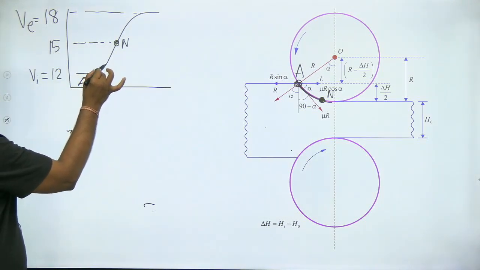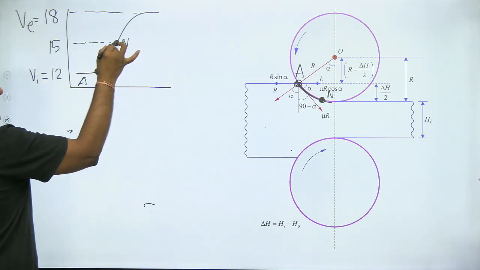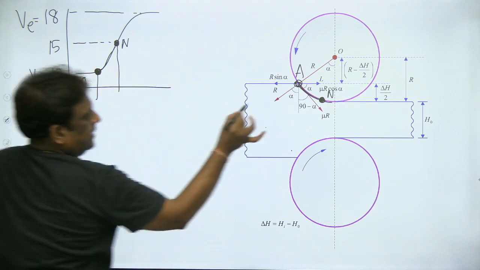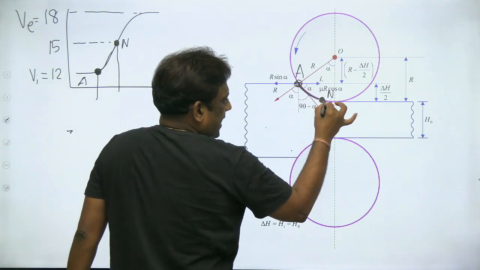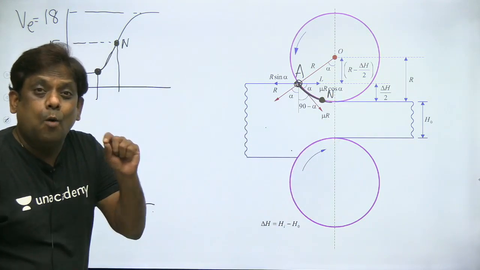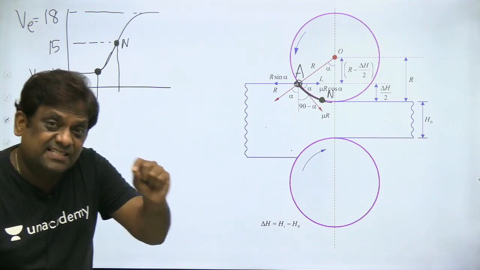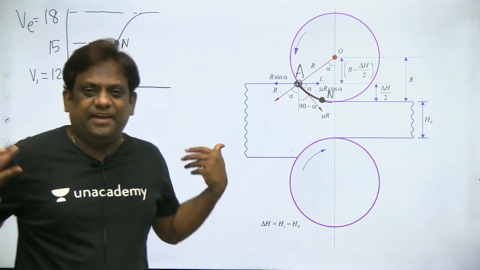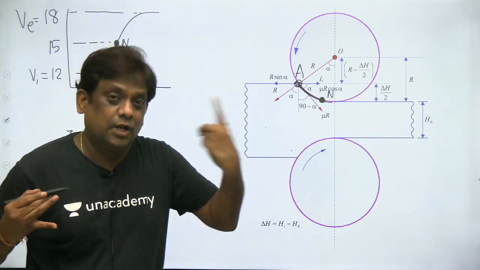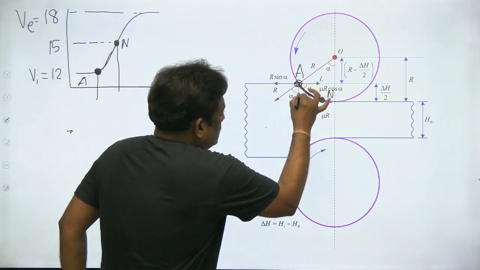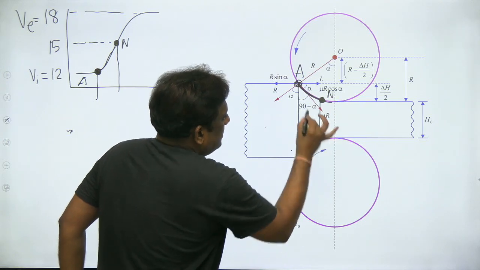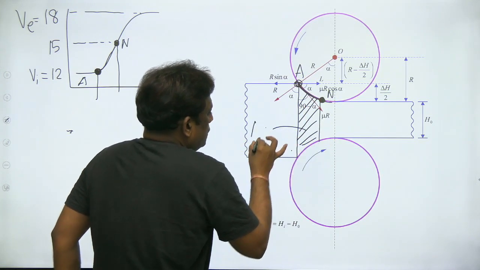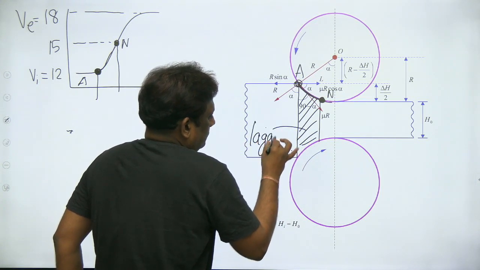It is slowly increasing, reaching 15 here. But from A to N, my component velocity is less than roller velocity, meaning my component is lagging behind the roller. That's why this zone is known as the lagging zone.